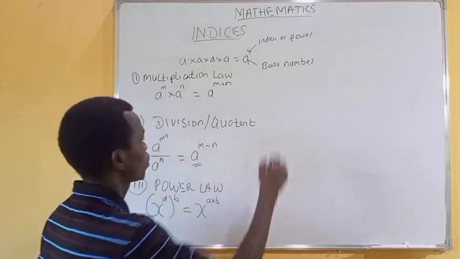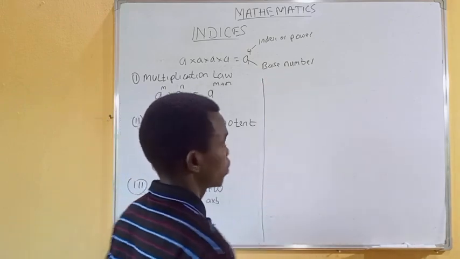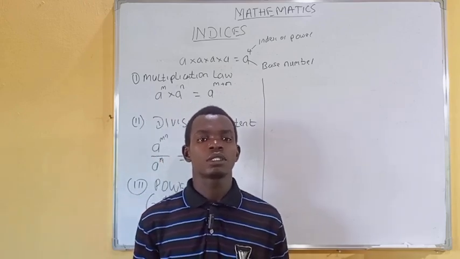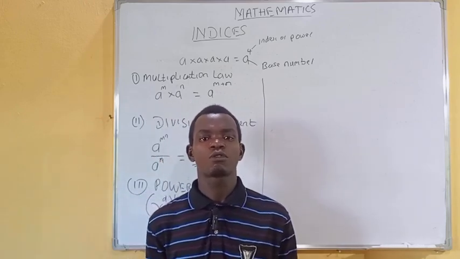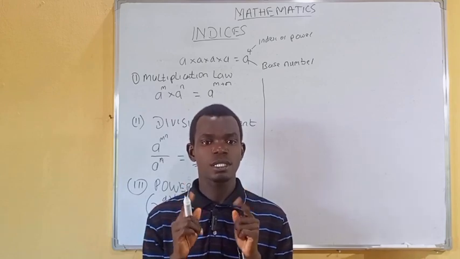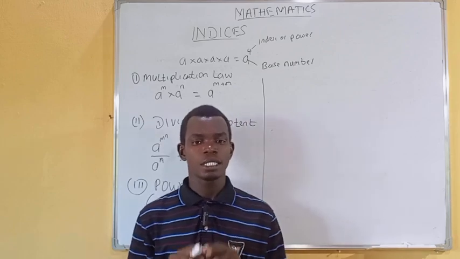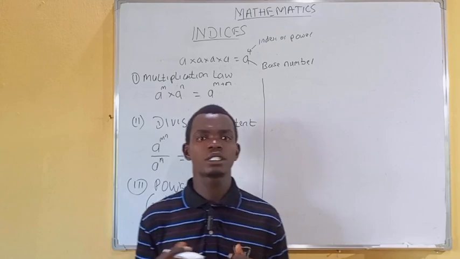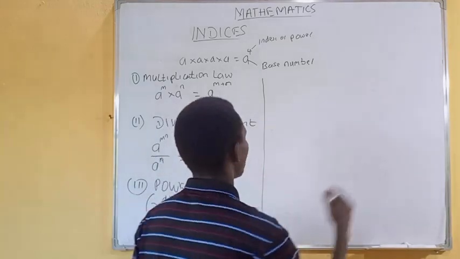And the fourth law, we call it the product power law. This is where the product of different numbers are raised to a certain power, perhaps in a bracket, that power is distributed over each base number.